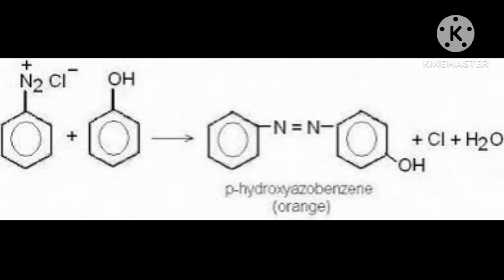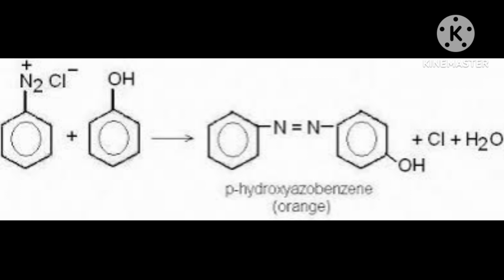Another reaction, actually this is an example of a coupling reaction. Another coupling reaction I am telling you, also called electrophilic substitution reaction. Same way, C6H5N2Cl plus aniline. In the place of OH now NH2 is there. That is the only difference. In the place of OH of phenol, now it is aniline, NH2.